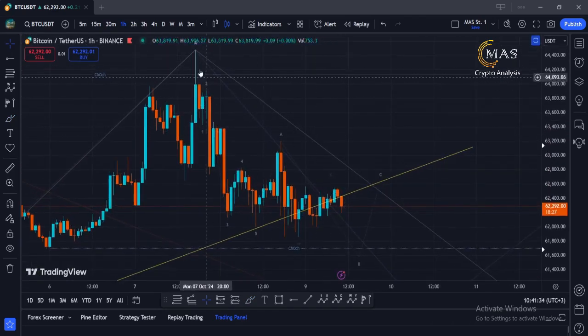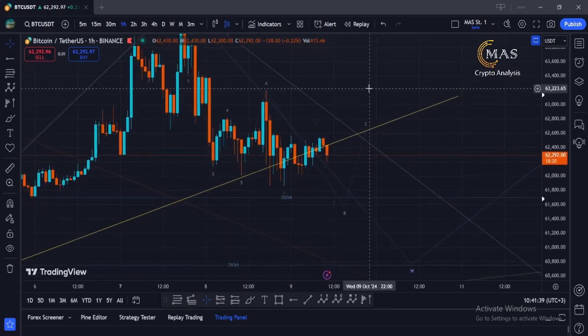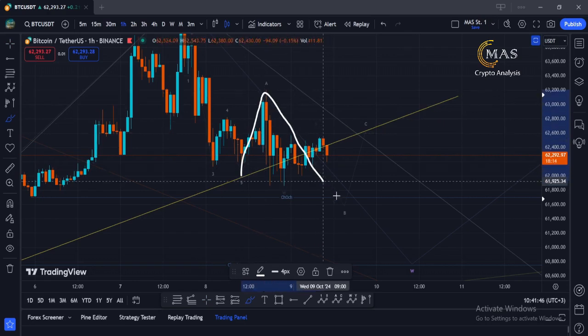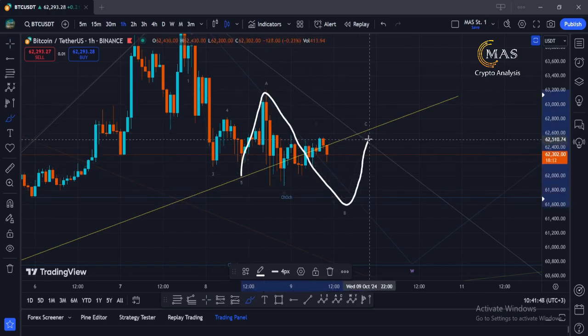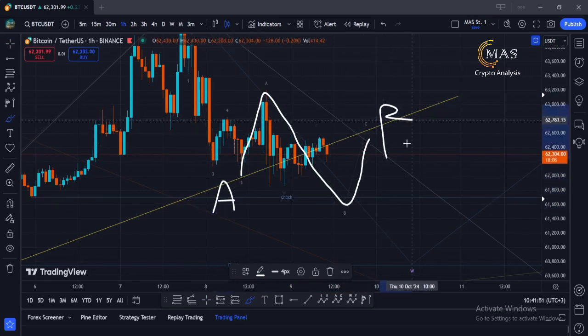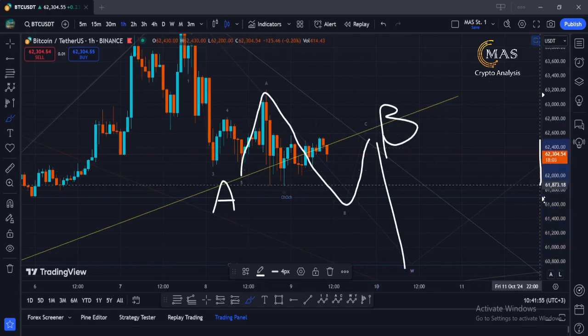Here, my friend, after ending these 5 waves, as you can see, we ended the first wave, and we have the second wave, this A and B, reaching for the C to end this. I have here this A and this B, and it goes down here to end this ABC.